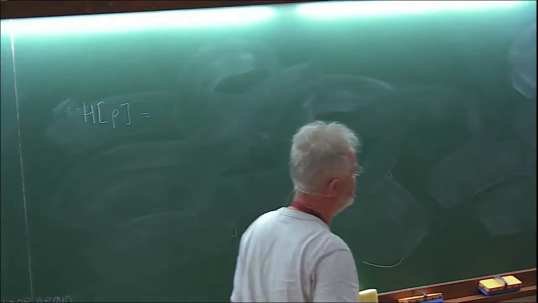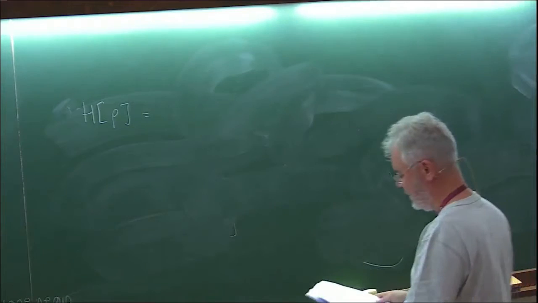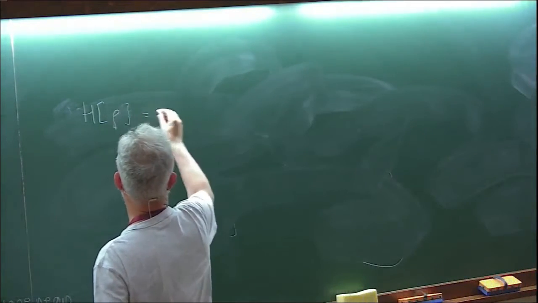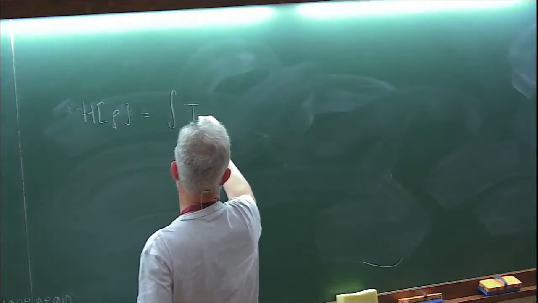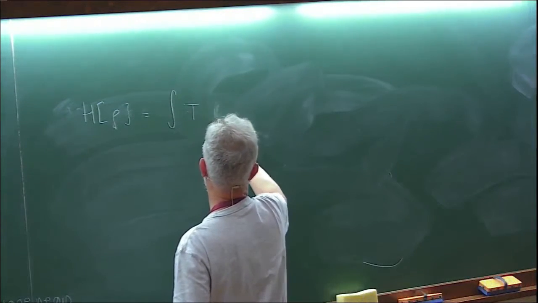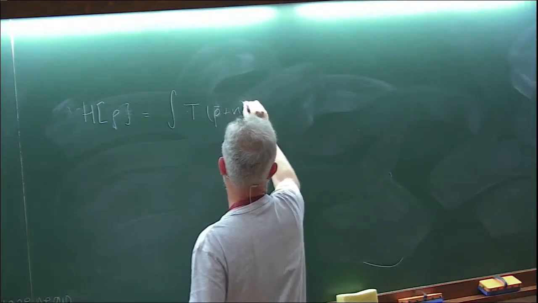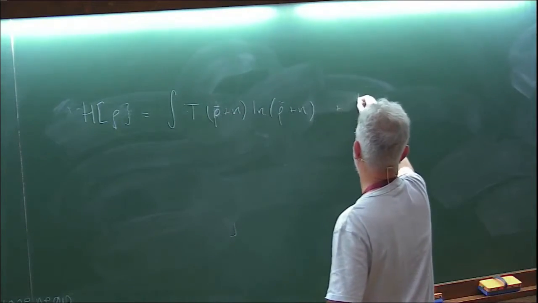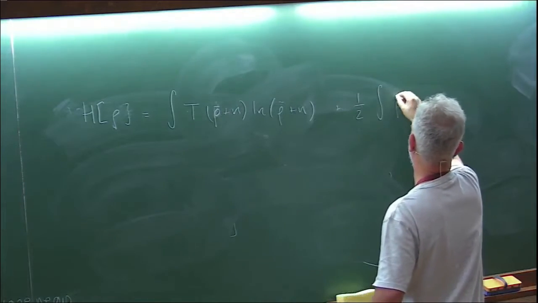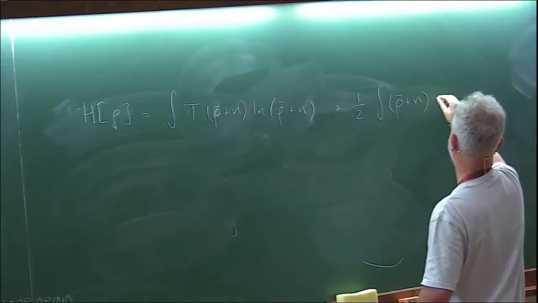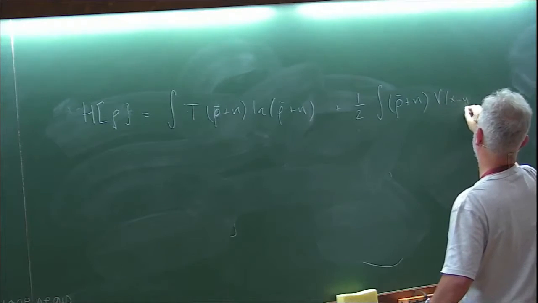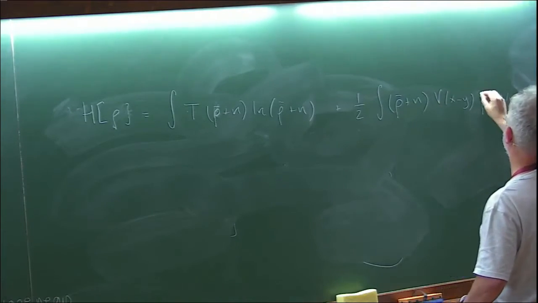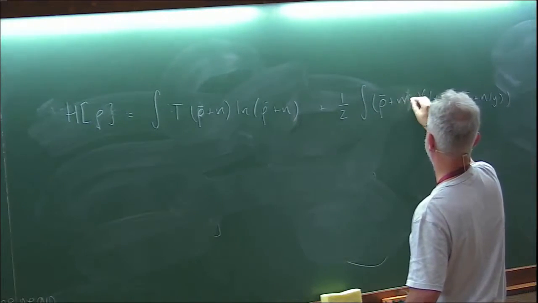So H of rho is equal to this. If I put this into the rho log rho term and do the calculation, basically I have T, rho bar plus n times log of rho bar plus n, plus a half, rho bar plus n, v of x minus y, rho bar plus n, where this is n of y and this is n of x.